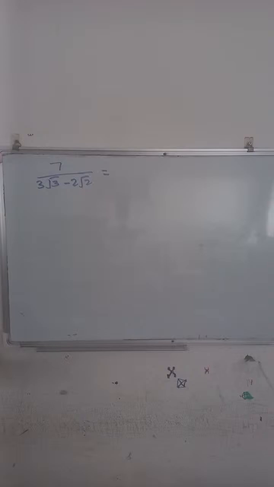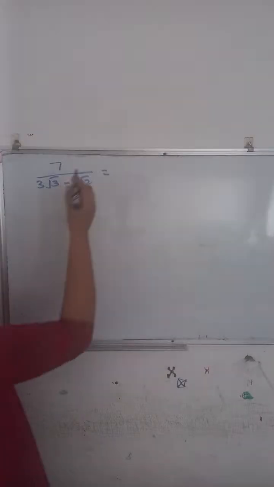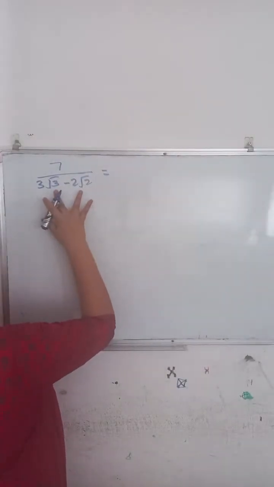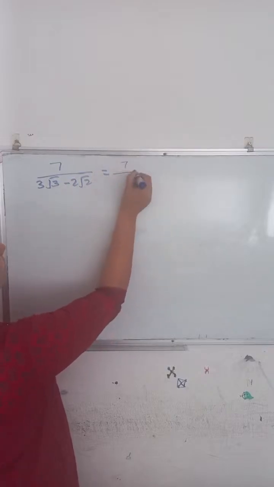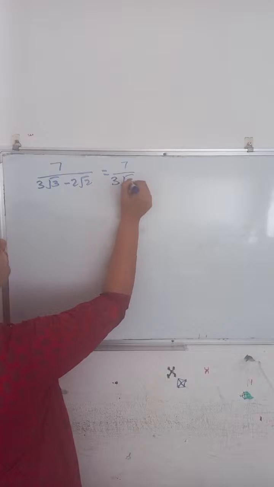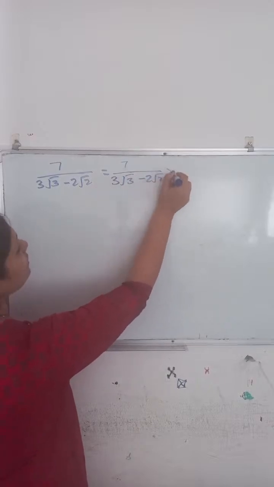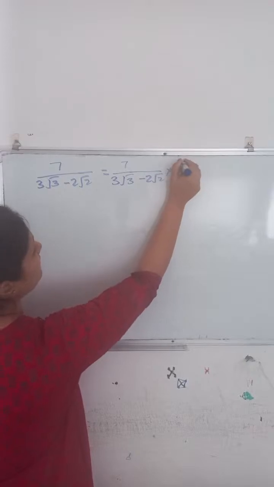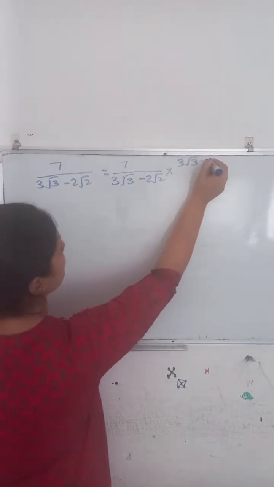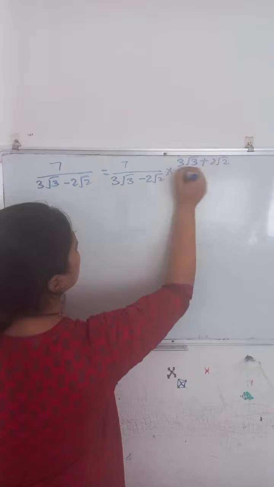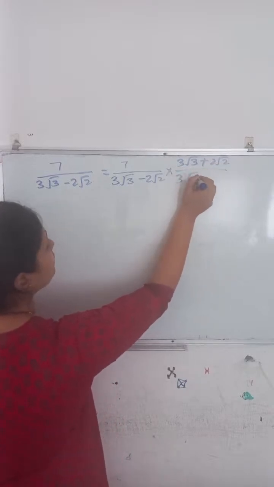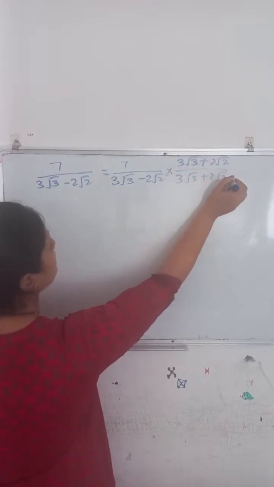So here again we have to do rationalization because here root values are given in the denominator. So 7 divided by 3 root 3 minus 2 root 2 into, we can multiply here, 3 root 3 plus 2 root 2 divided by 3 root 3 plus 2 root 2.